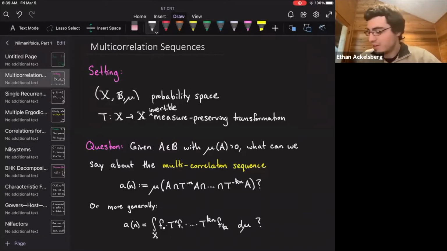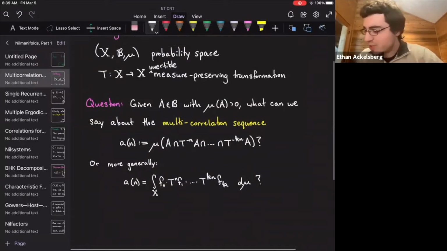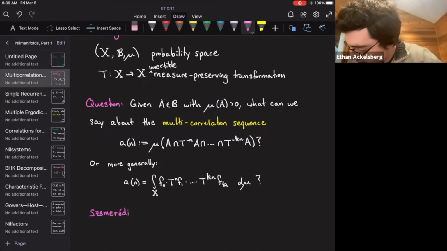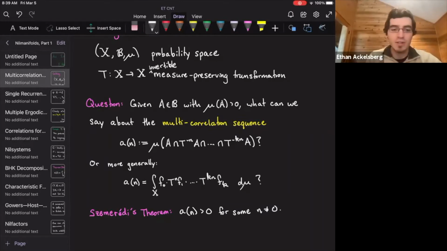Right, and so one version of Szemerédi's theorem would be that A of n is positive for some non-zero n. So this is in this first situation.